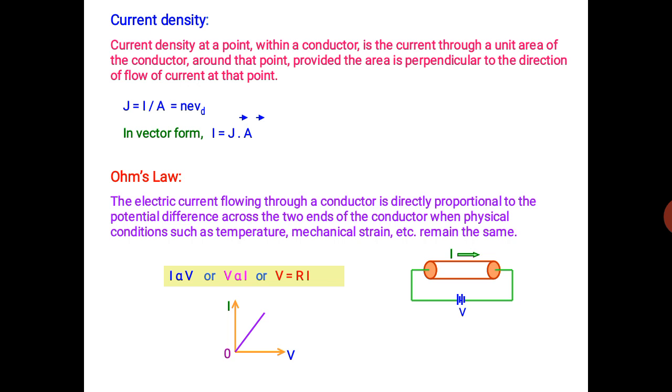This graph is for a pure conductor. If you take a pure conductor and go on increasing the potential difference across the conductor, the current also varies linearly.